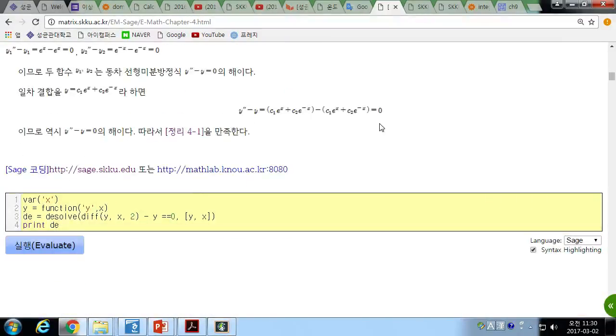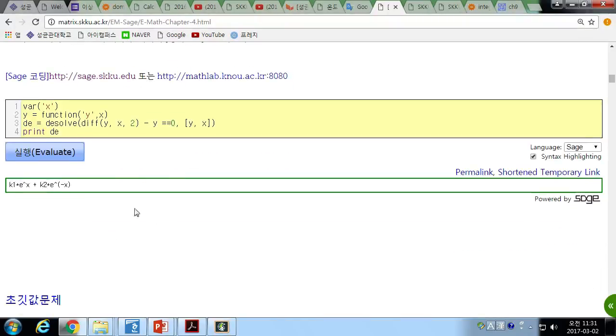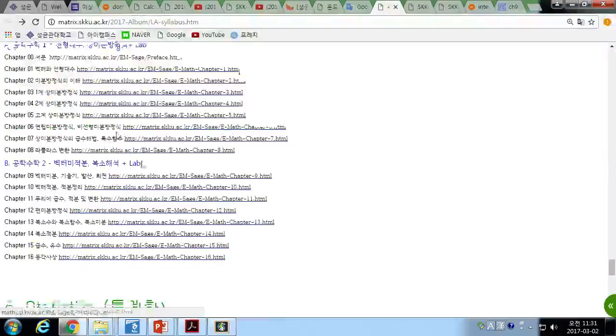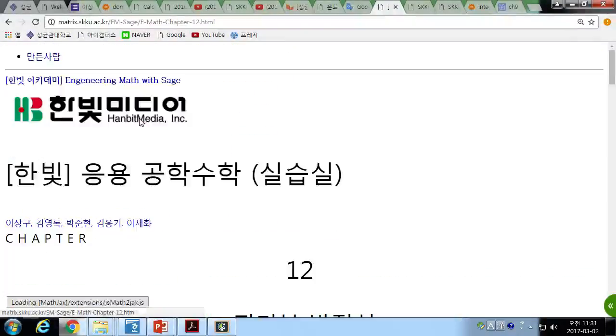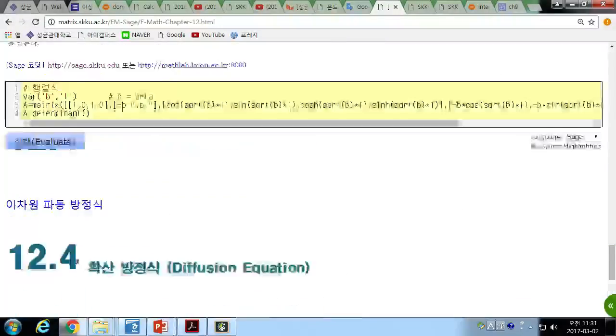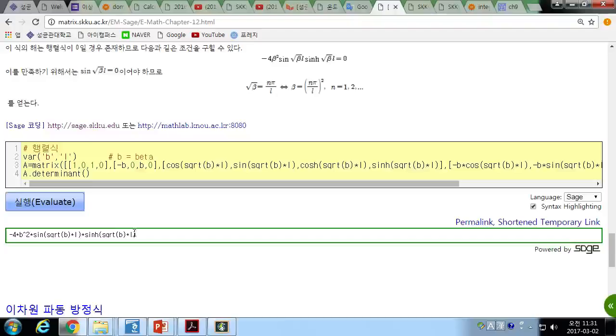And the solution can be found in here, but also can be found in here, like this. If you have a different problem, all you have to do is just change the function. Then the same code will work to give you the solutions. For partial differential equations, the same thing can be done. The solution for this can also be found in here, which is exactly the same as what you have found by hand.